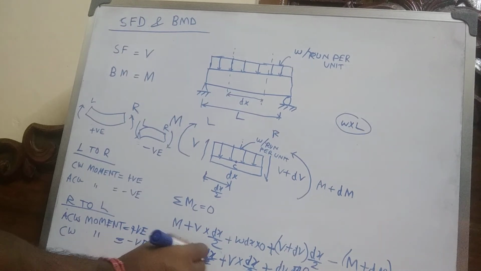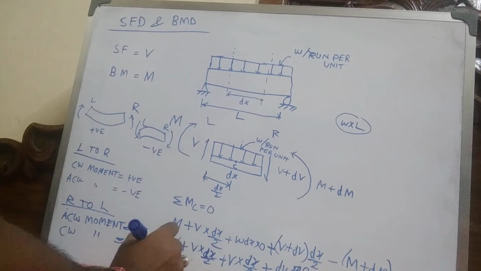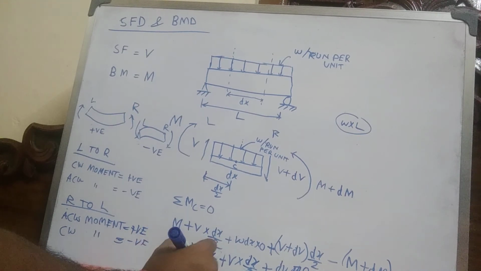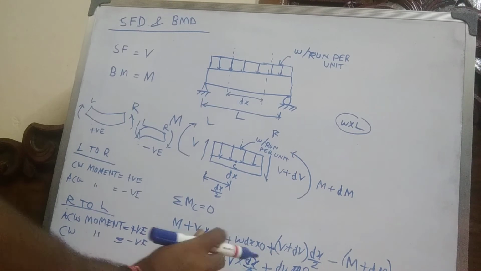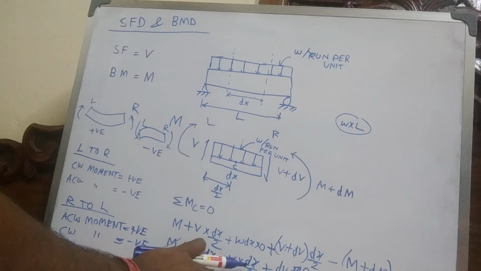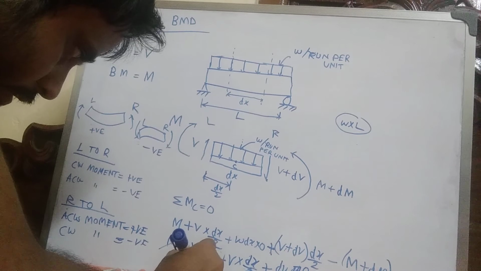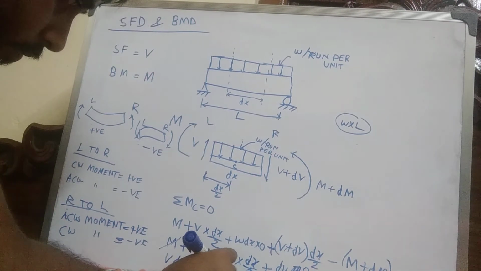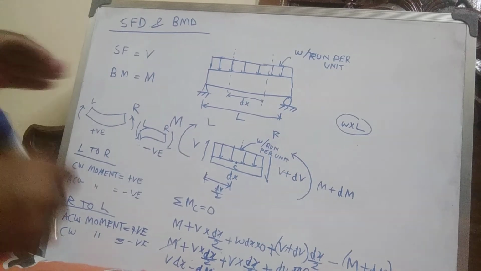V into dx by 2, V into dx by 2, V into dx, and minus dM equals 0. Understand?